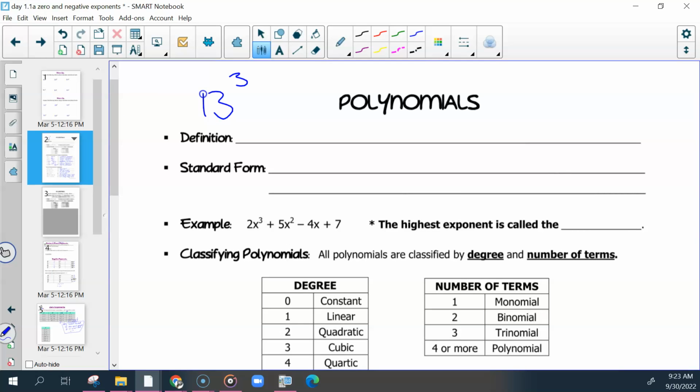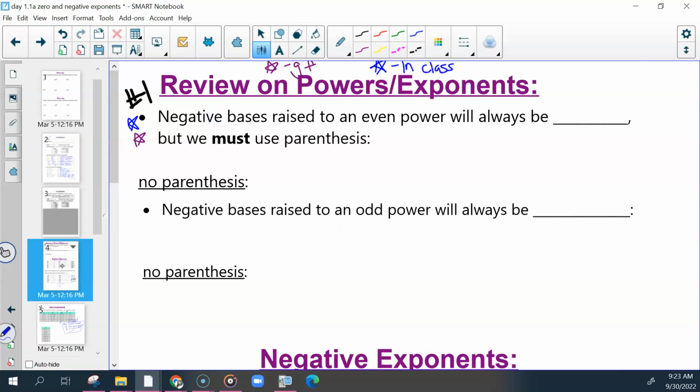The 13 would be your base, the 3 would be your exponent or your power. So if I have negative bases raised to an even power, this will always be positive, but we have to use parentheses.